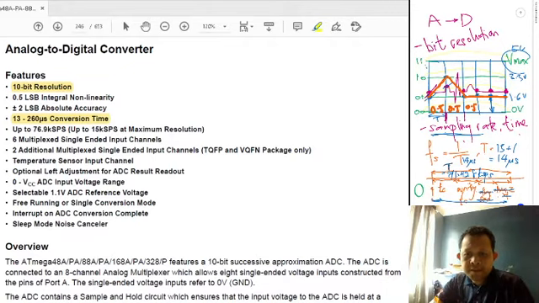But in the datasheet, it says up to 76.9. So maybe they take 13 microseconds. So let's try 13: 1 divided by 0.000013. Yes.